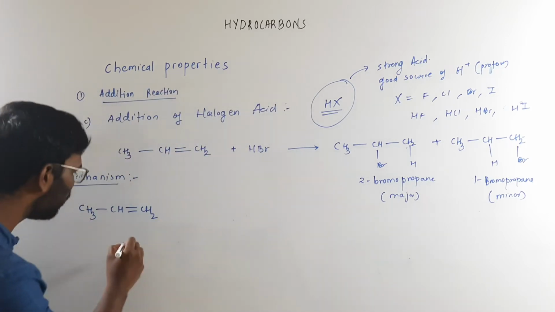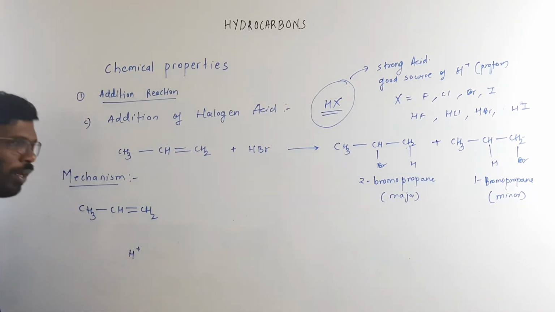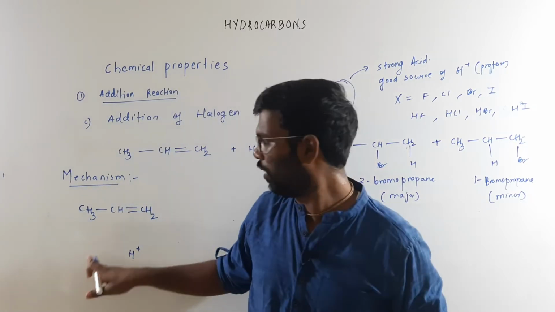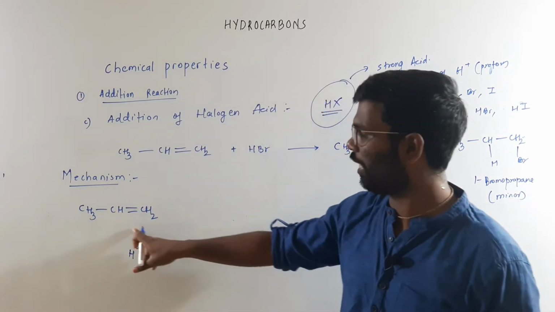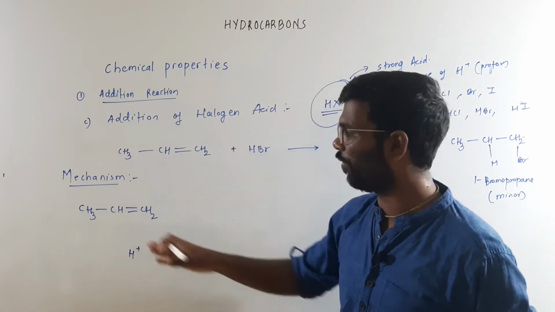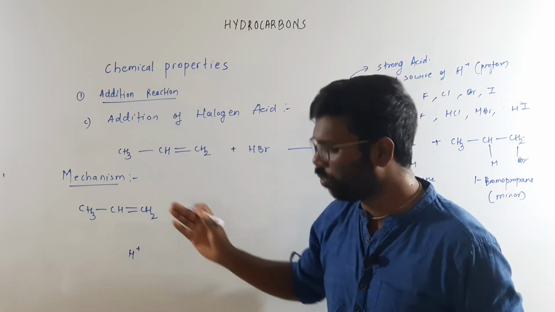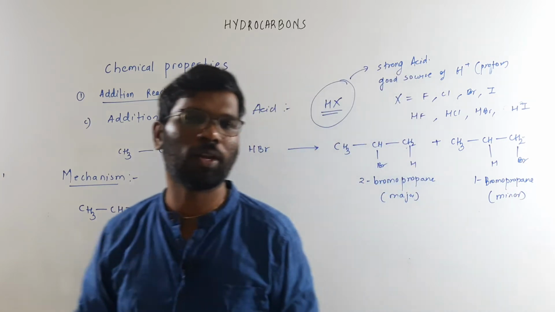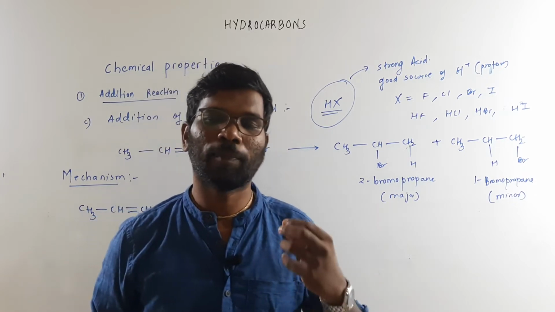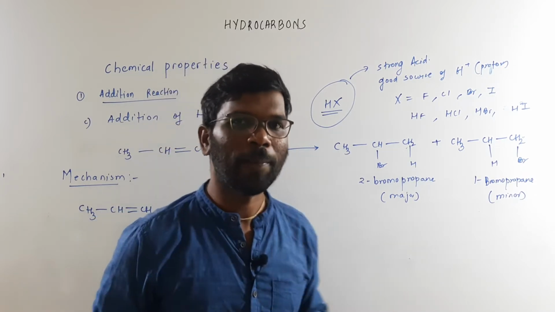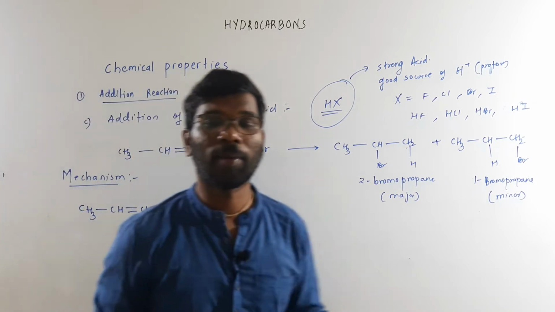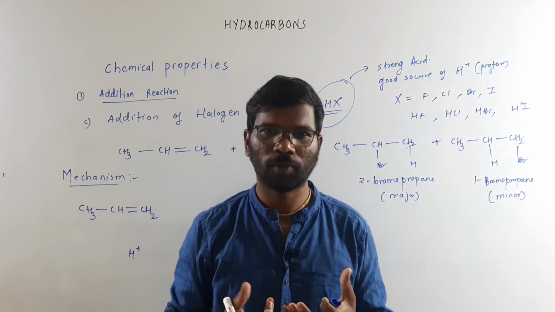So here is your proton. Since this is the proton which is electron deficient, and the electron rich part in the molecule is this one pi bond. Whenever it is a double bond, there is one pi and one sigma. If there are no lone pairs of electrons and no negative charge, then the bond pair, that is the pi bond, will be the electron rich part, because those electrons are comparatively more free to move.